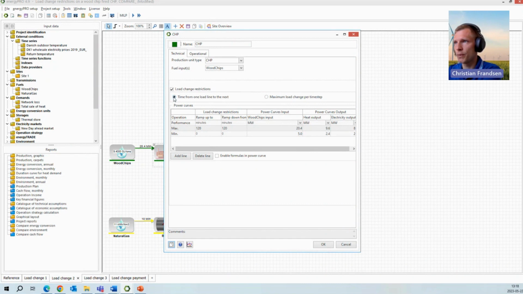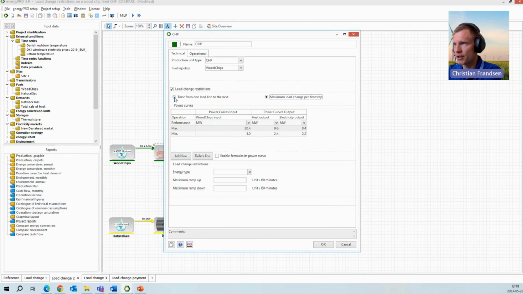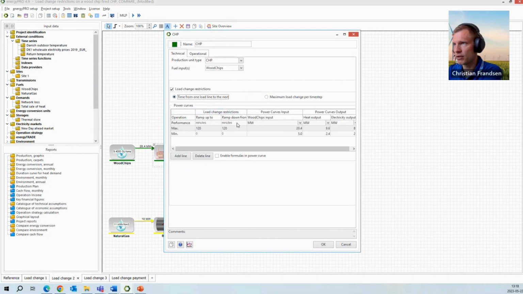And when you select this one, you can see here you get this column here with load change restrictions, ramp up to, ramp down from. And here you can specify the number of minutes it takes to go from the minimum load and up to maximum load. In this case, I've specified 120 minutes for both.